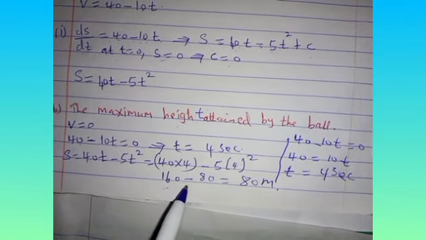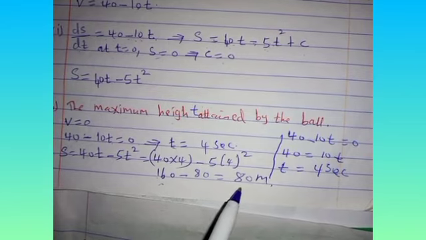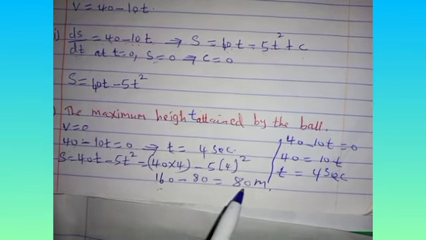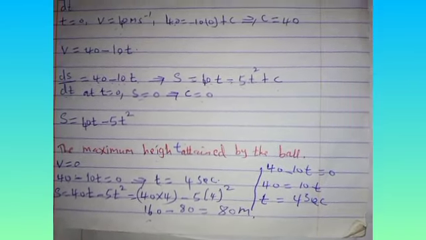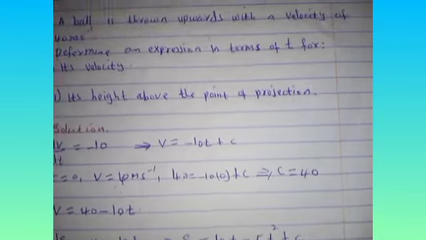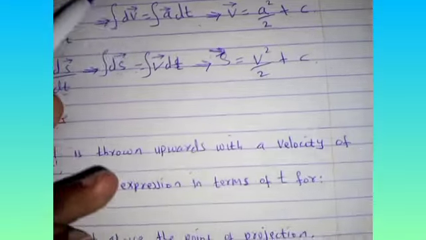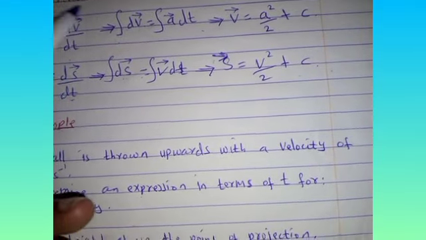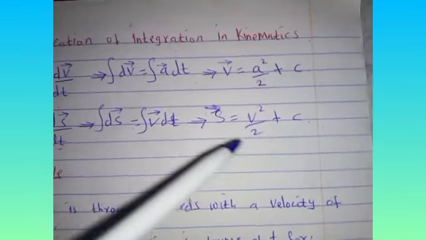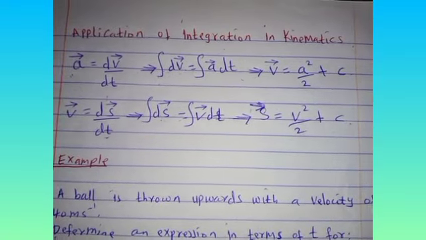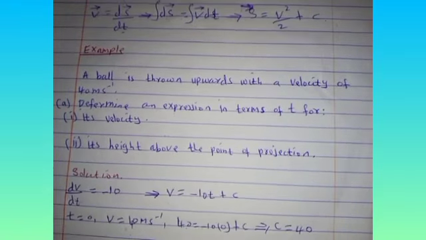So 160 minus 80 is 80 meters. So that is how you obtain it, and that is how calculus, that is integration, is applied in kinematics. So that is how it is easily applied and you get your answer.